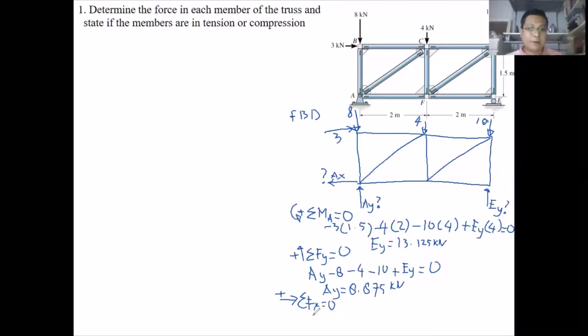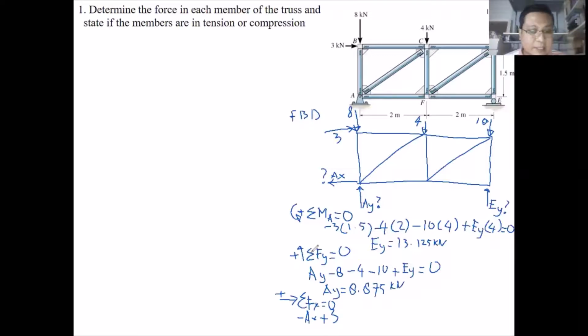So what we have here in the X direction: first negative AX, and then 3 kilonewton positive.